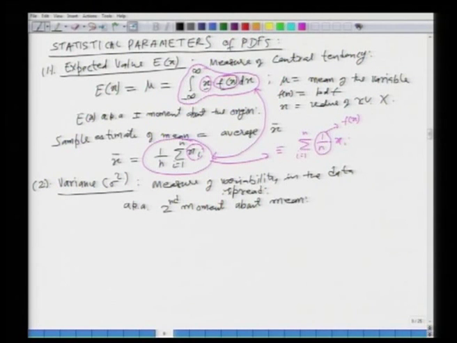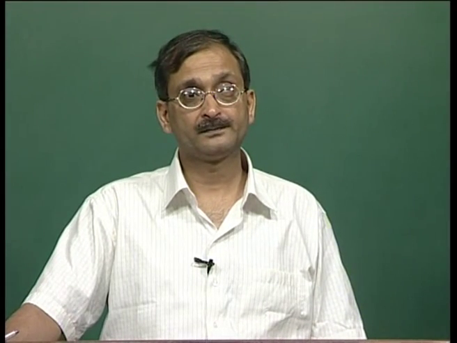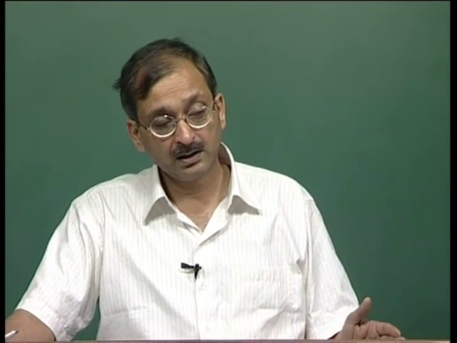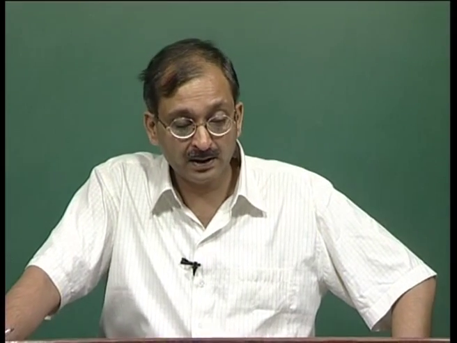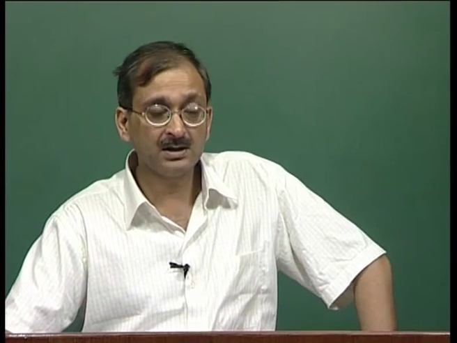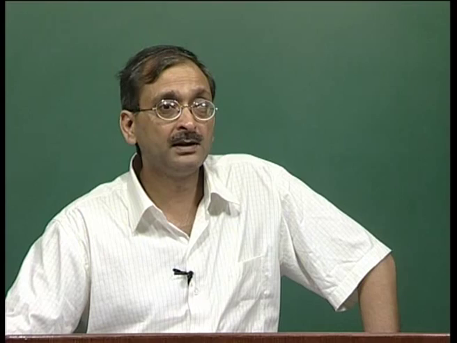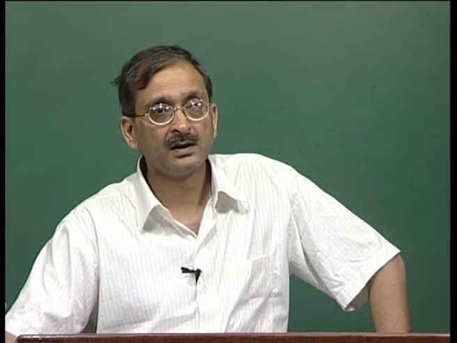Okay. The first moment, which is the expected value or the mean, is always defined about the origin. All right. And the other characteristics or these other moments, that is second moment, third moment, fourth moments, these are always defined with respect to the mean itself, because once we have calculated the mean, we can find out the deviations with respect to mean and we can analyze those.